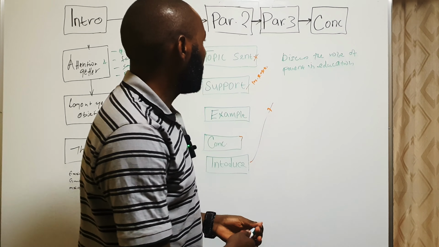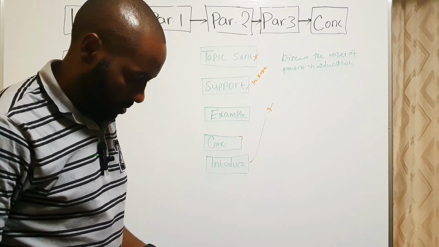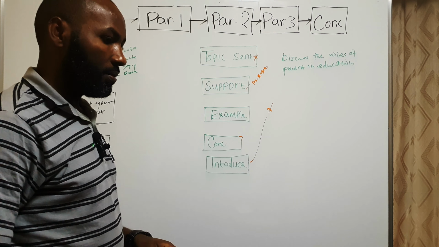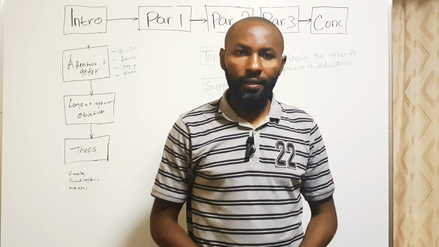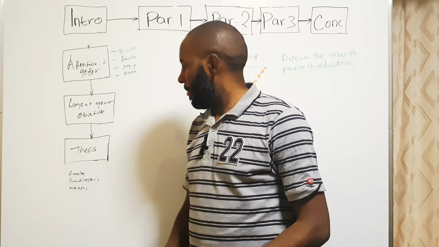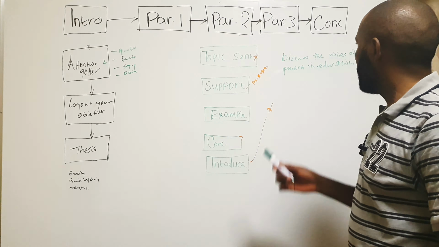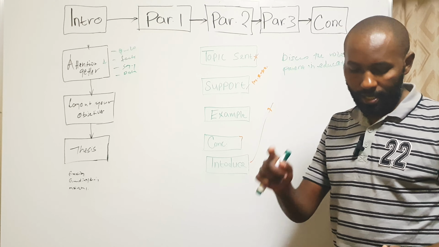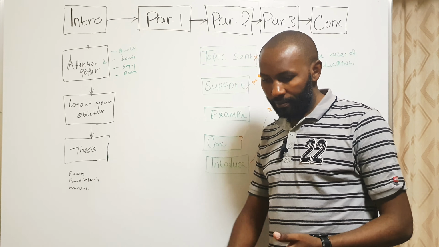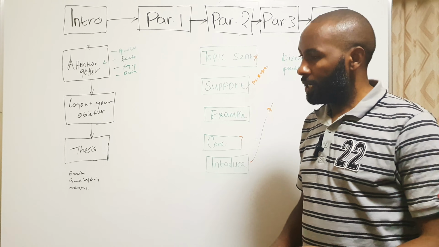Discuss the roles of parent in education. Now, roles means what function do they play? What part do they take? How do they help in education? So you could find, as you already know, parents play the role of financing the student, guiding them and counseling them, motivating them to overcome challenges of learning, and so on and so forth.